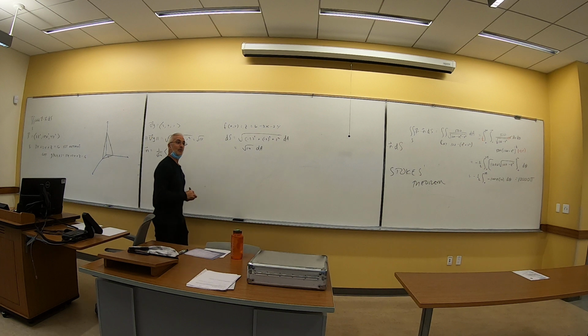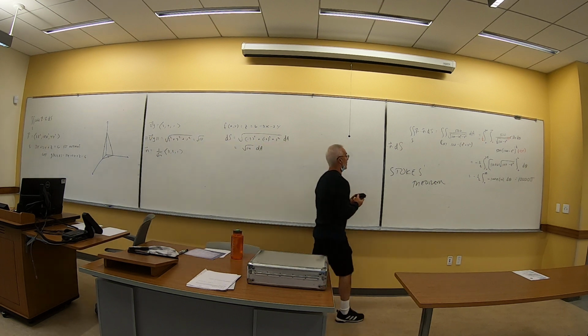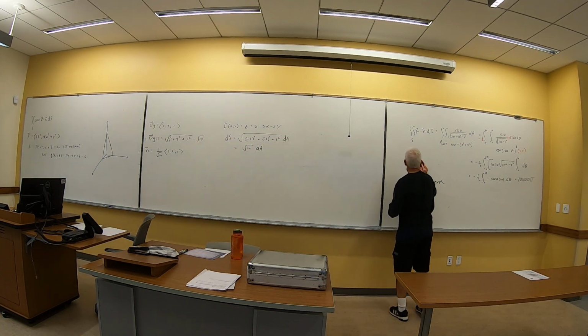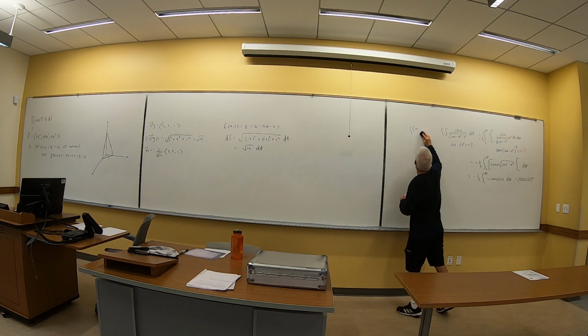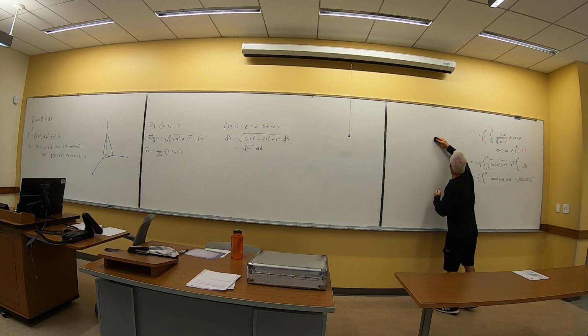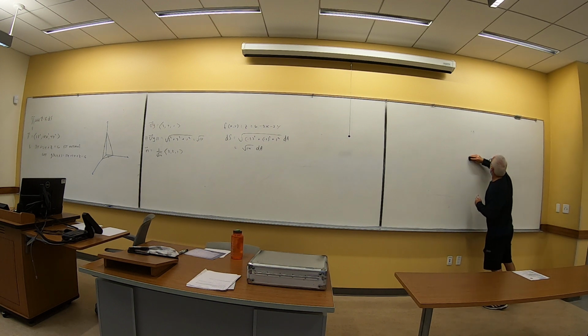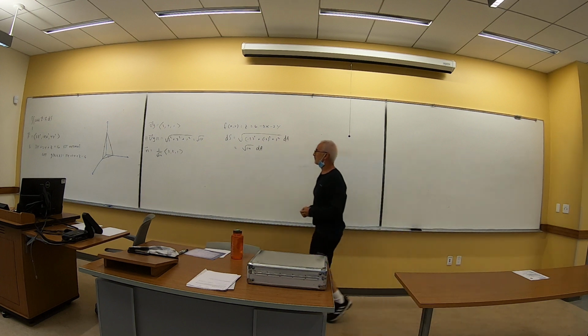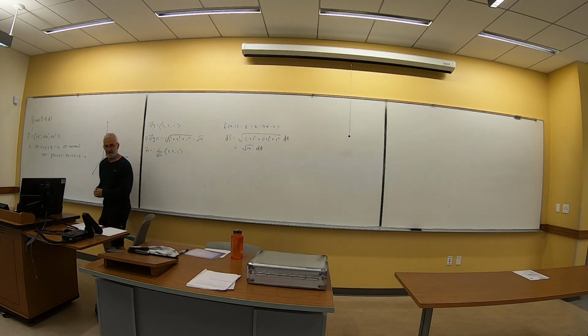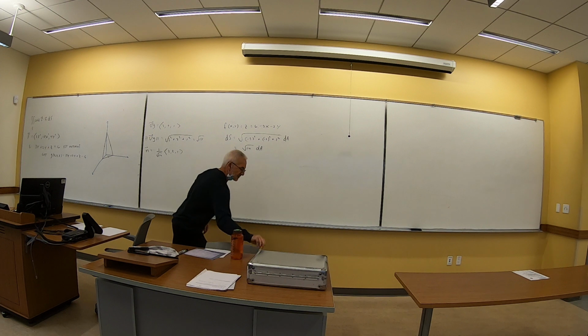Now I need to do the curl. Before I do the dot product, I've got to do the curl. Okay, so going all the way back to here, so I don't have to rewrite it.